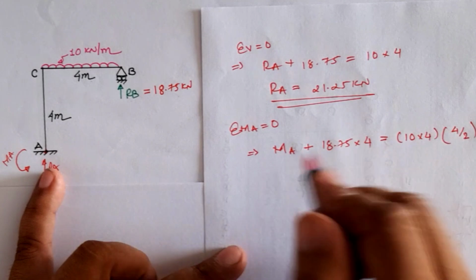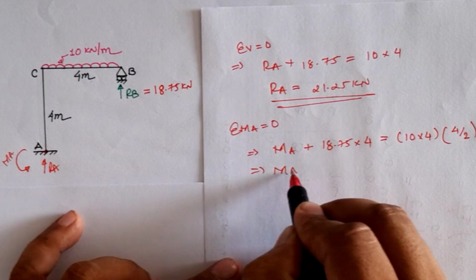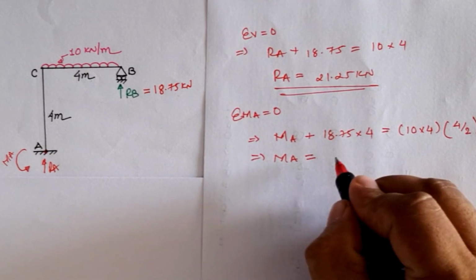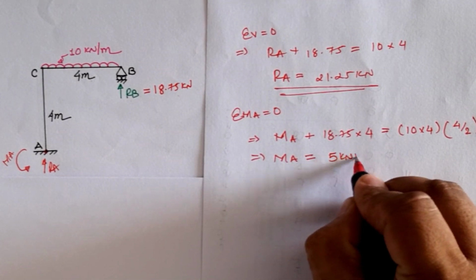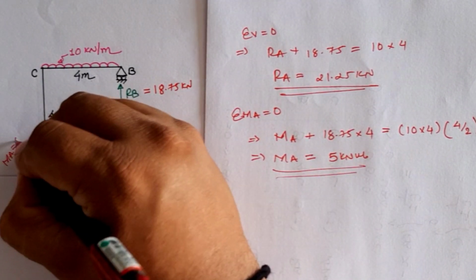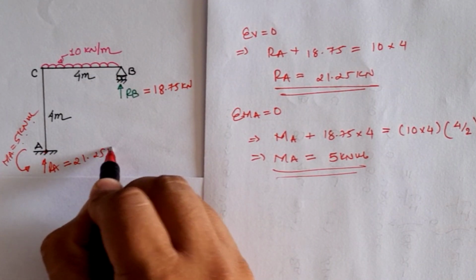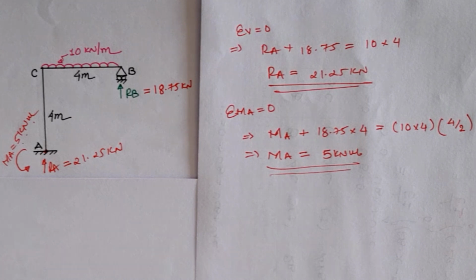Now solving this term, we will have the support moment equal to 5 kilonewton meter. So thus we can calculate the support reactions of the given indeterminate portal frame using Castigliano's second theorem. Thank you.